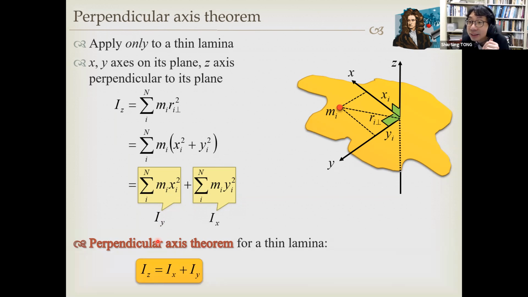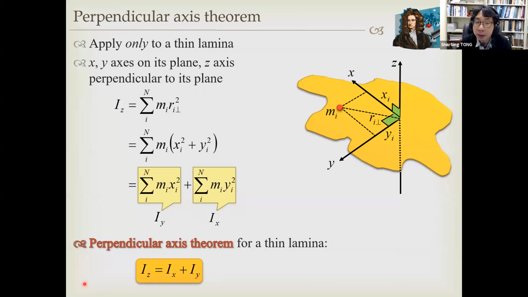Now, how about the second term? The second term is summation mi yi squared. yi is the y coordinate of the point mass, which is the distance of the mass from the x-axis. So this summation is the mass multiplied by its distance from the x-axis squared, and that is the moment of inertia about the x-axis.